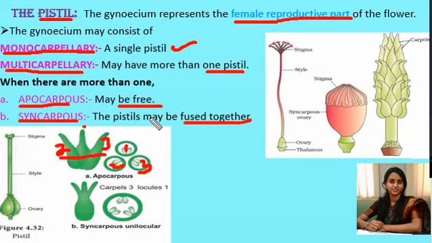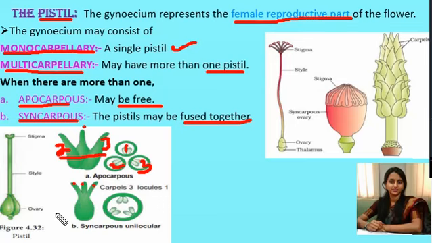Then what is syncarpous? As I said, when there is more than one carpel, look at this, there are three carpels, 1, 2 and 3. Here the ovary and part of the style are fused and the stigma is free. In some flowers, the ovary, style and stigma are completely fused. Such a condition is known as syncarpous.